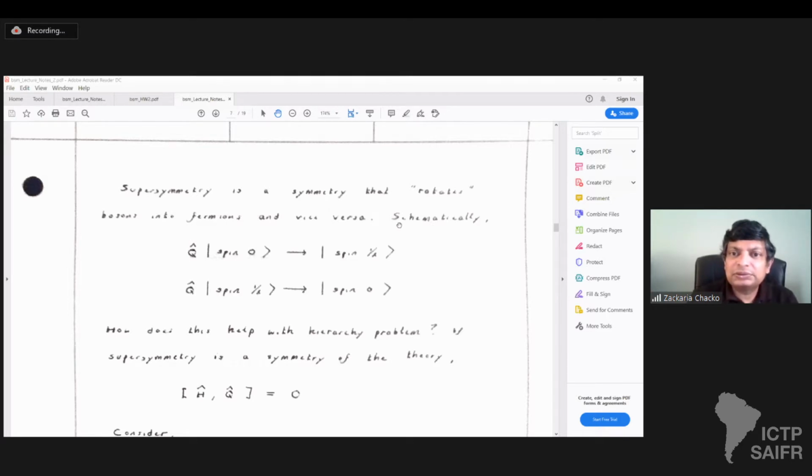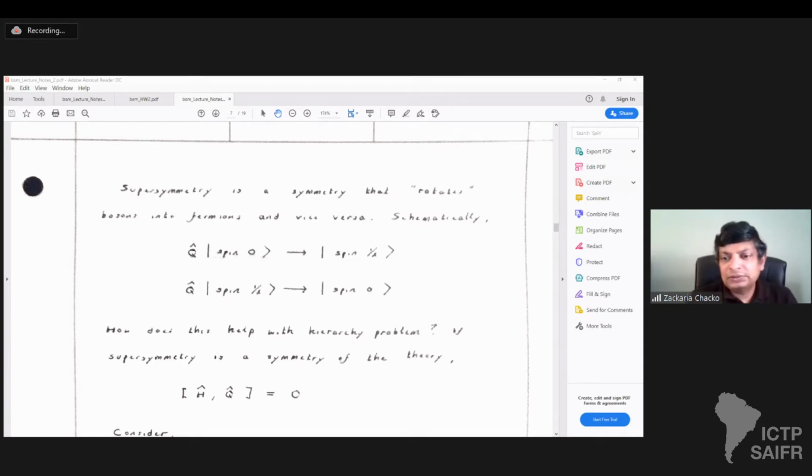Schematically, when you do a supersymmetric transformation, it takes a spin zero particle into a spin half particle, and the same transformation acting on the spin half particle rotates it into the spin zero particle. That's being pretty schematic. I'm not showing any indices or anything, for example. But already this is enough to see that this can help with the hierarchy problem.